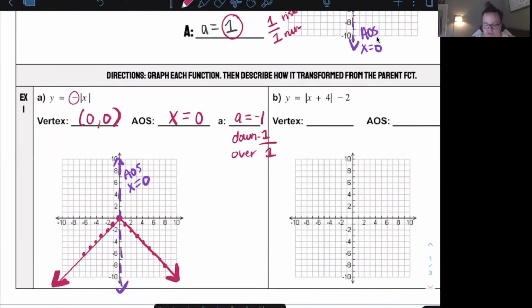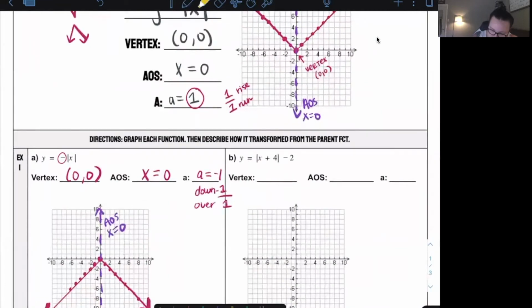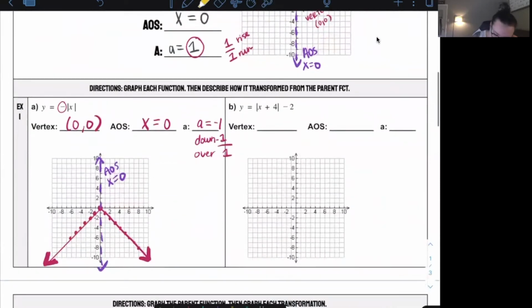How did this transform? So remember, the parent function was this graph up here. It's an upward facing V shape. So if I were to put the parent function down here, it would be this upward facing V-shaped graph.